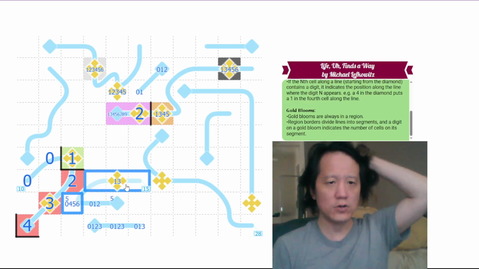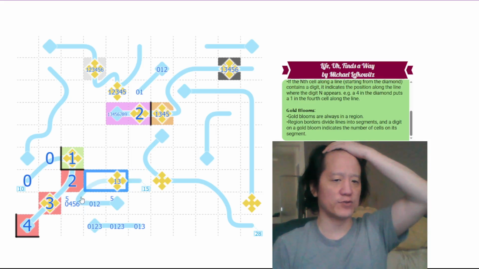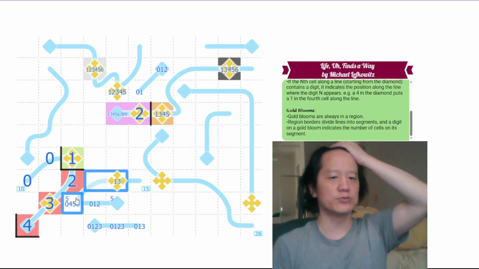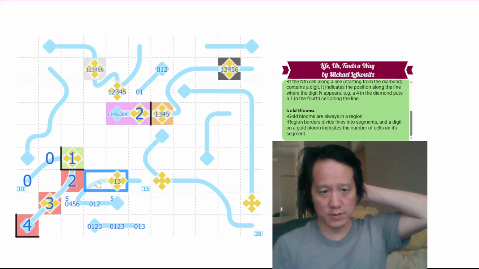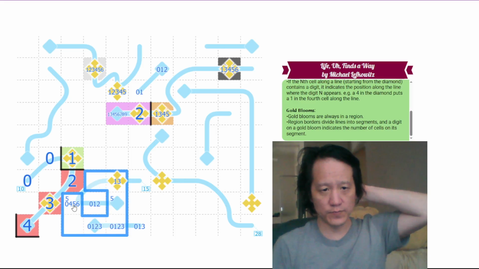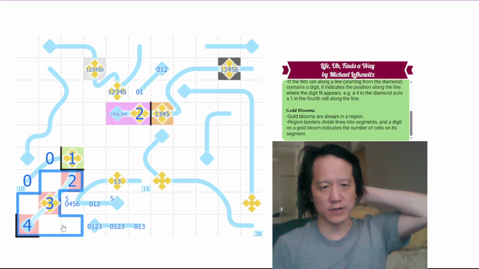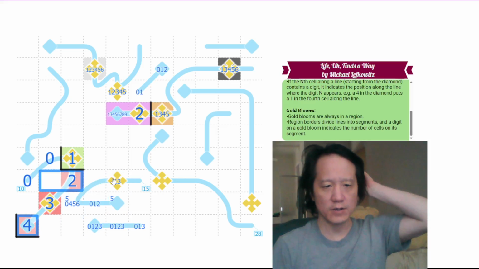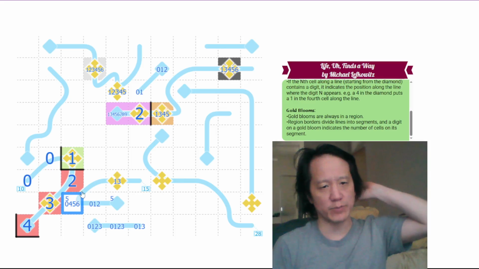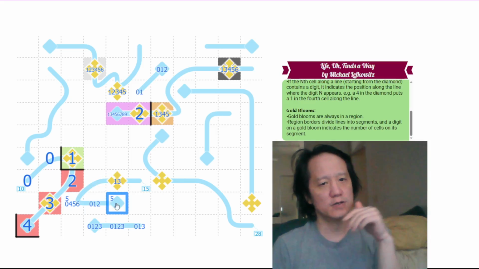So 3 doesn't work either for the same reasoning. It would have to be either 1, 2, 3 this way, which means that's a separate segment. And then the red would be blocked, right? So it would have to go around here, and that would block the red. Or if it didn't, this would not be an orthogonally connected region.